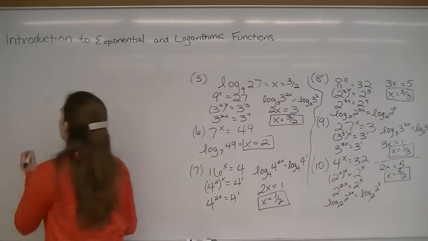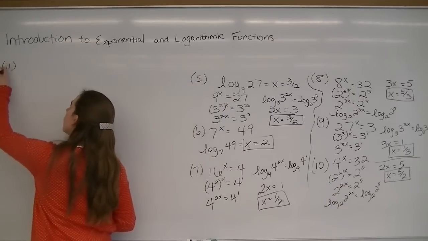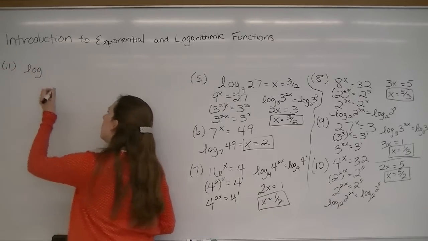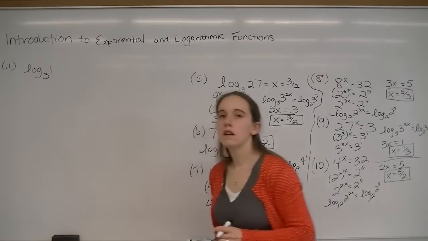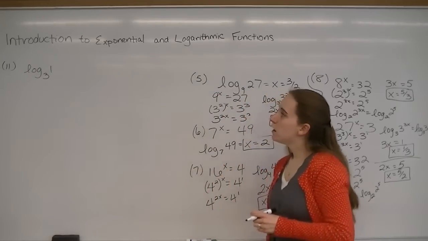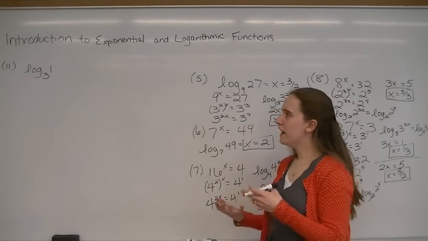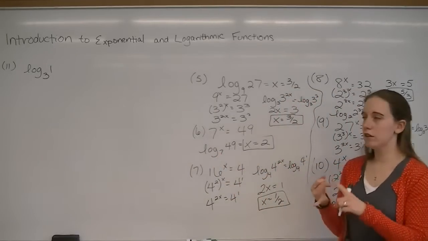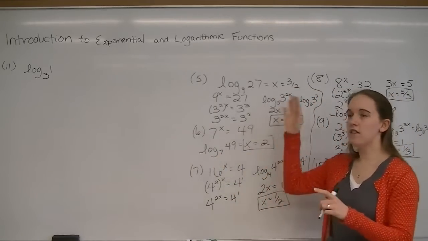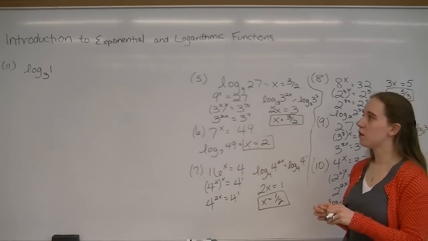One more quick thing to note. What if I take log base 3 of 1? Well, I can start at 3. 3 to the first is 3. 3 squared is 9. That's obviously getting bigger. It's not going to get any closer to 1.